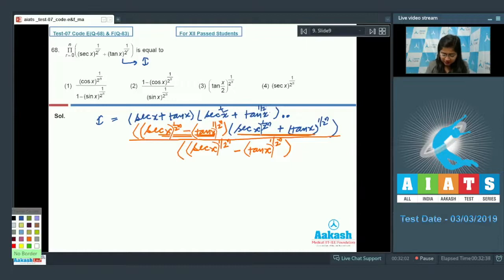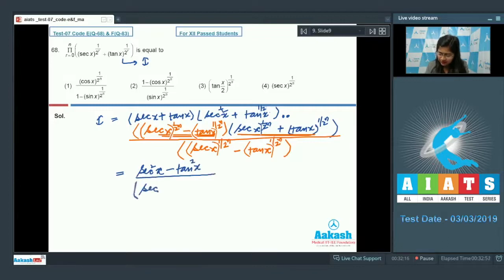So, this can be then equal to secant x plus tan x into secant x minus tan x. That will give me secant square x minus tan square x upon secant x raised to the power 1 upon 2 raised to the power n minus tan x raised to the power 1 upon 2 raised to the power n.